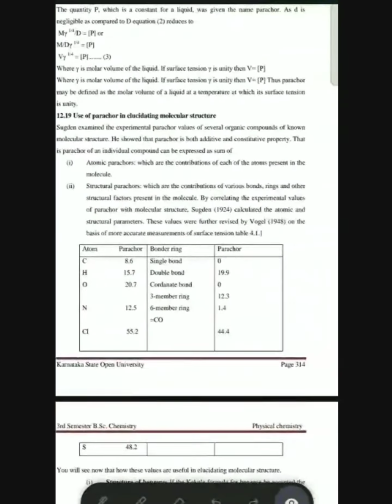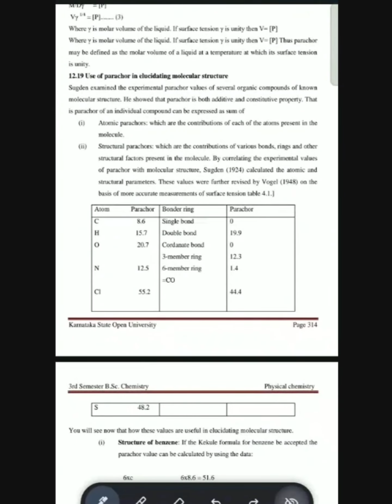So what we are going to take here is the parachor. Parachor is nothing but an empirical constant for a liquid that relates the surface tension to the molecular volume. Use of parachor in illustrating molecular structure.